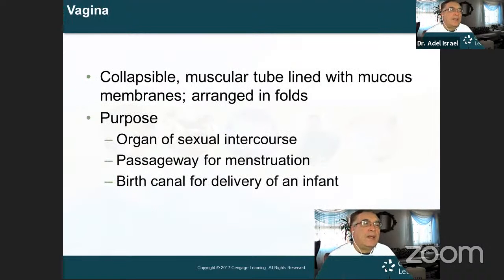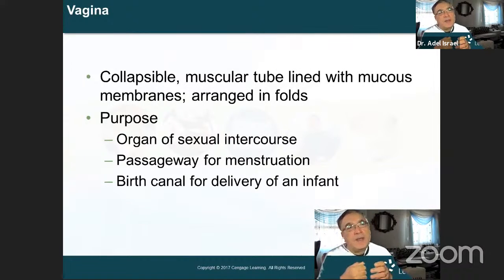Okay. The vagina is collapsible. What do we mean by collapsible? Like the esophagus. The esophagus, if you remember, we mentioned it is a potential space. What do we mean by potential space? If it is not during the act of swallowing, it is collapsed. The two walls are in contact with each other.